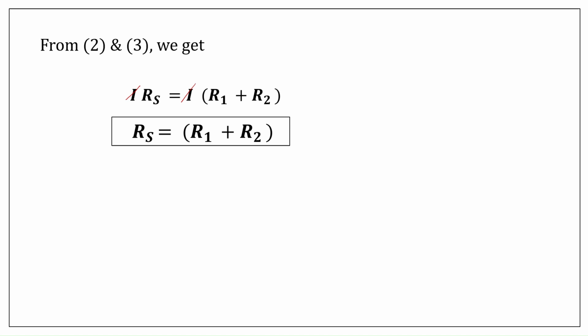Now, substitute equation 3 in equation 2. We get I Rs is equal to I into bracket R1 plus R2. Here, I will get cancelled from both sides. So finally we get Rs is equal to R1 plus R2.